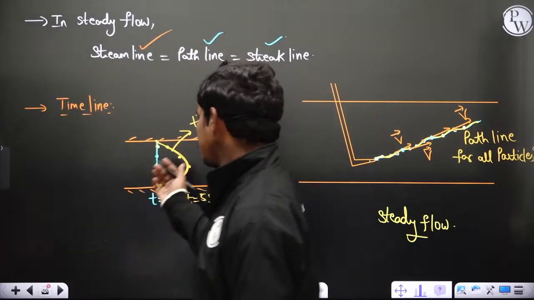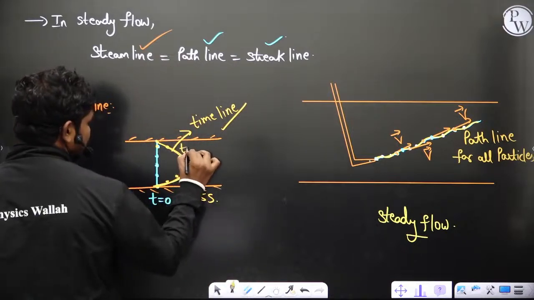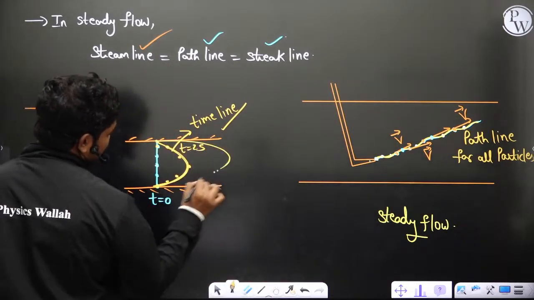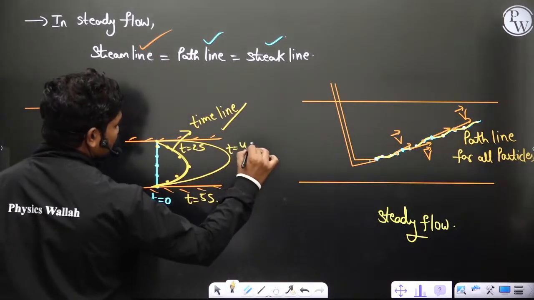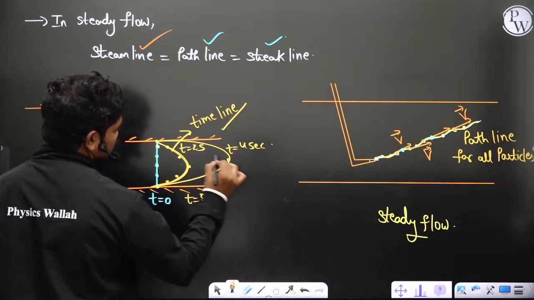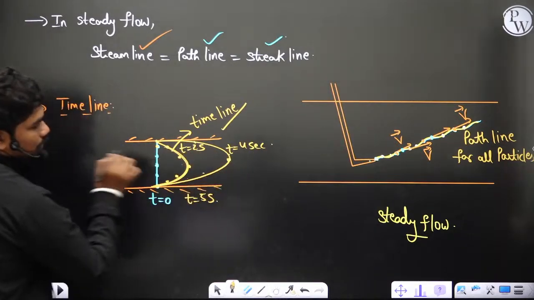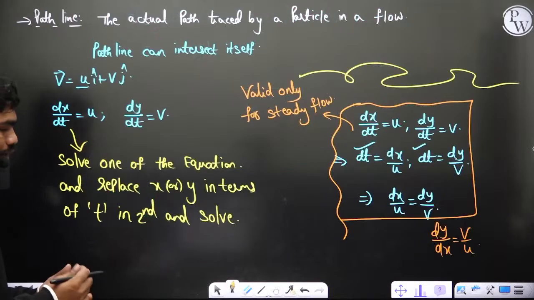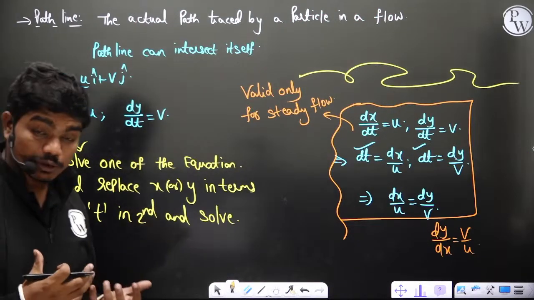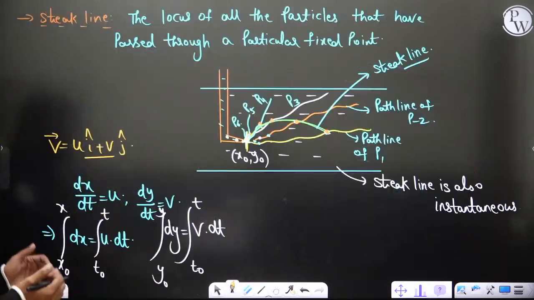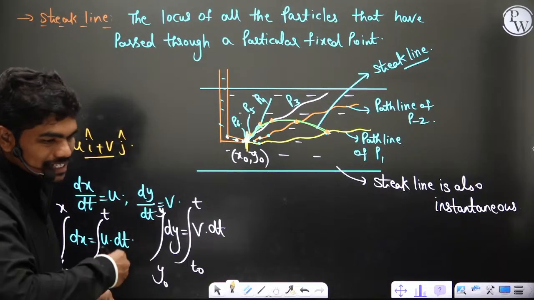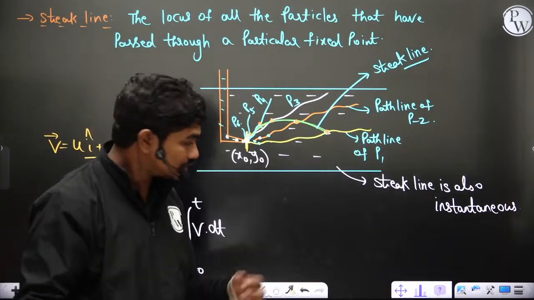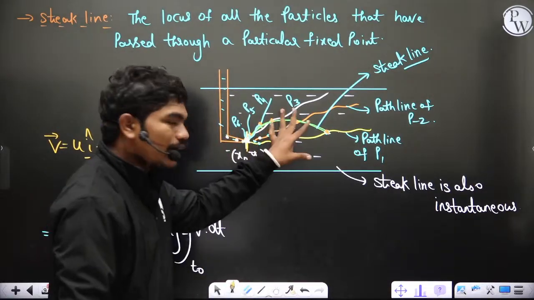At t equal to maybe 2 seconds, and at t equal to 4 seconds, the timeline could be something like this, because the particles will move much. So that's what you have different things. All these are flow studying techniques. Streamline gives you how the velocities of the particles are changing with time. Pathline gives you how fluid particles are traveling with time, and streak line is how different particles are behaving with time.